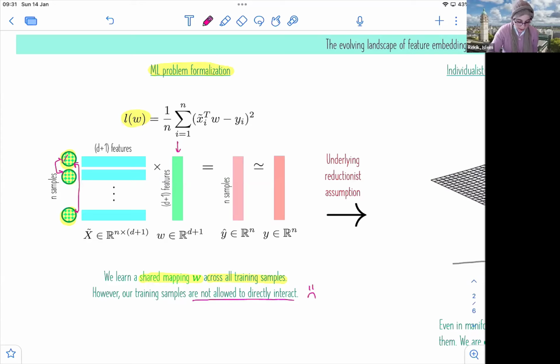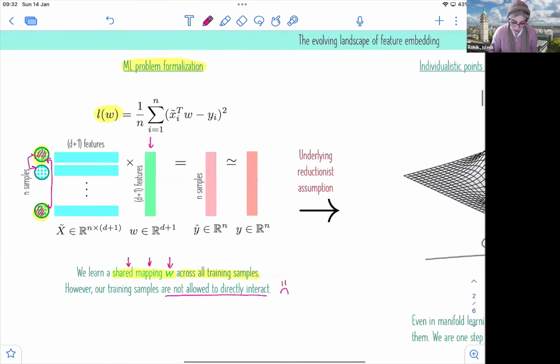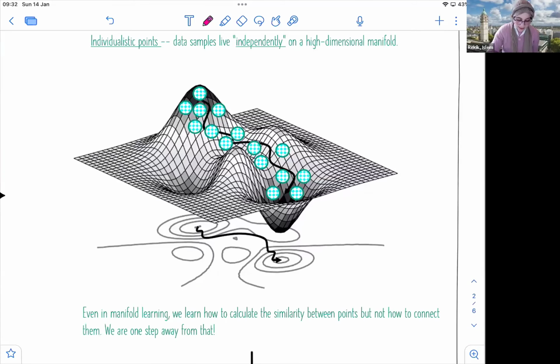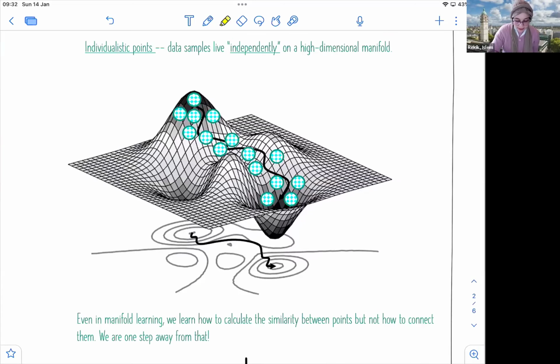So maybe this point is very similar to this one, so I should take that into consideration when learning my mapping function, my shared mapping W. So this kind of approach looks at each data point individually. All right. So we have what we call an individualistic approach. So these are individualistic points.